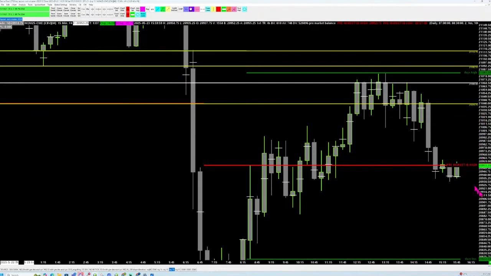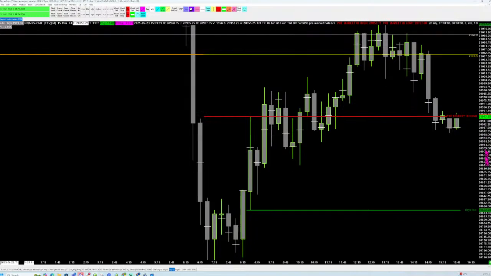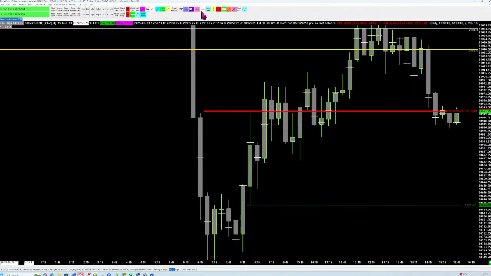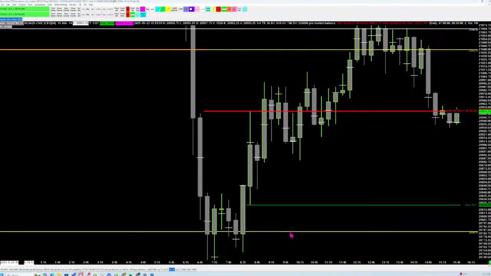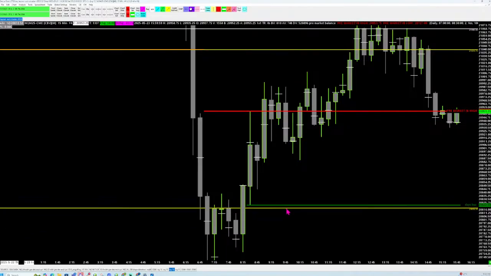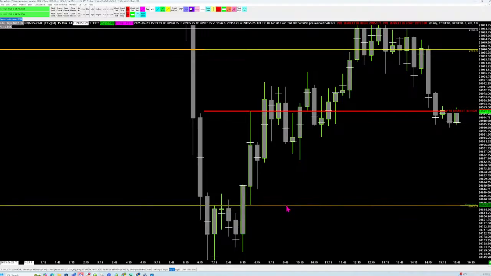Here's 2821 1/4. I won't go through setting up the chart. I'll do that later, but it is roughly. Oh, what do you know? Right there.